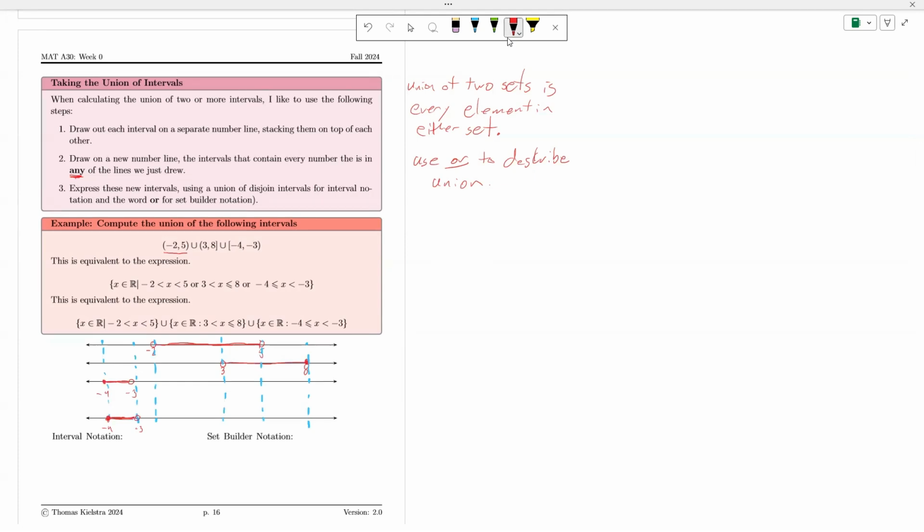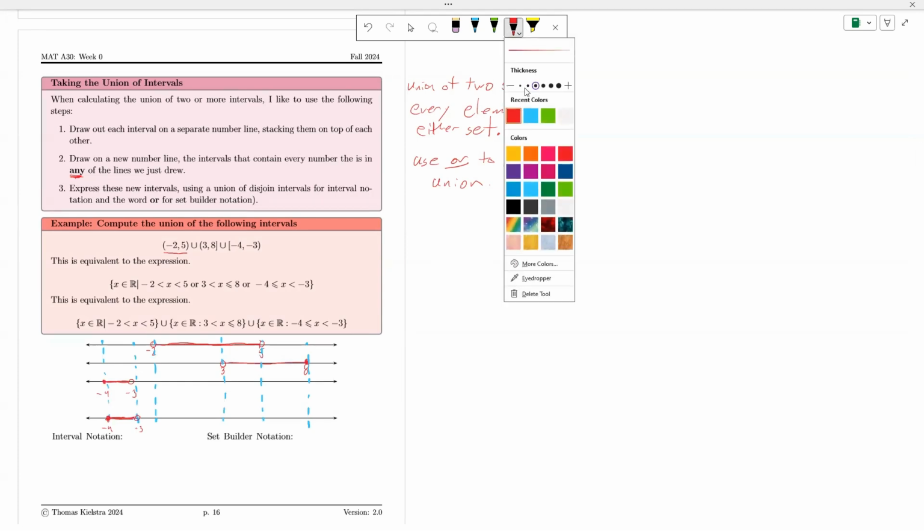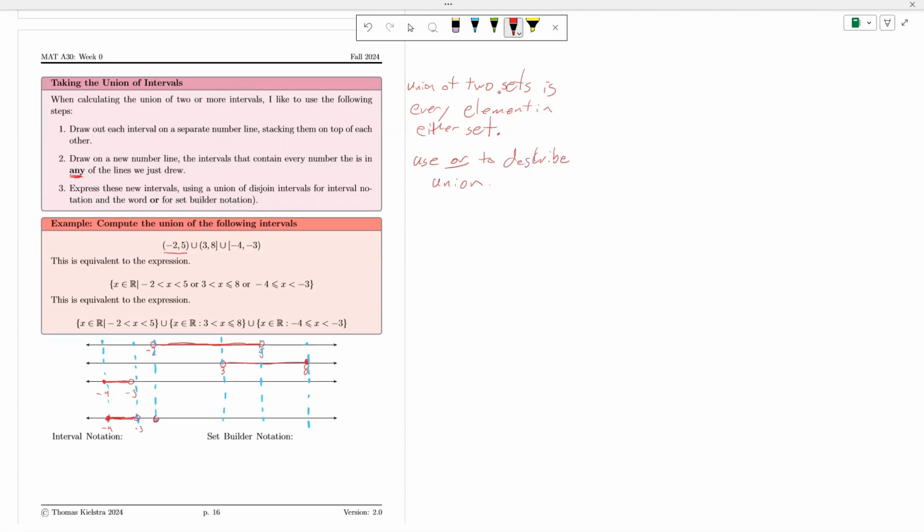We're just going to increase the thickness here. And now nothing, nothing, nothing until -2. And then I keep hitting things all the way until 8, and I include 8. So I'm going from -2 until 8, and I keep hitting things.